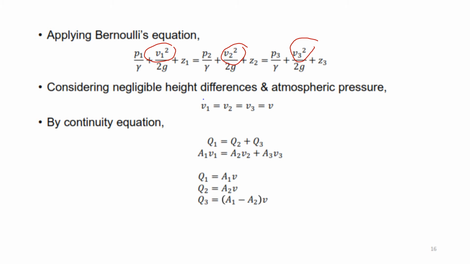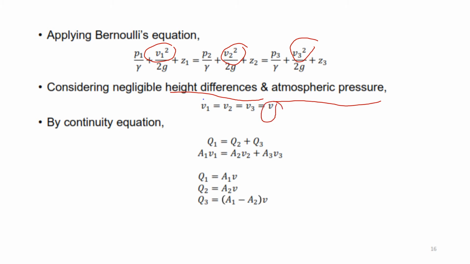So the Bernoulli equation states that the V1, V2 and V3 are equal to each other. And then we need to neglect the height difference and also the atmospheric pressure, because it is a horizontal plane, it does not have any elevation. So we consider the V as one V, constant V.